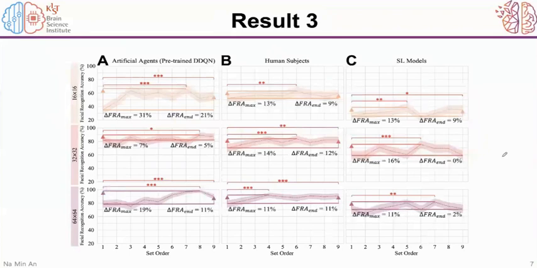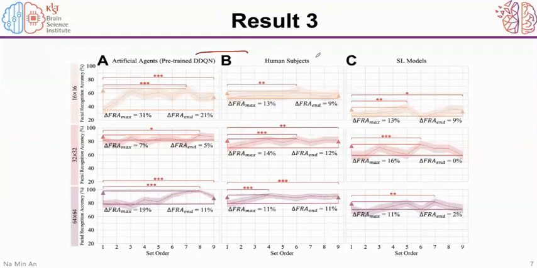The pre-trained DDQN artificial agents and the humans generally showed similar behavioral changes for each resolution as well. For 2 out of 3 resolution levels, each of the 9 agents generated using the pre-trained DDQN showed a higher resemblance with human subjects than SL models. In detail, Pearson's R values were much higher between the agents and the human subjects compared to the SL models and the humans.